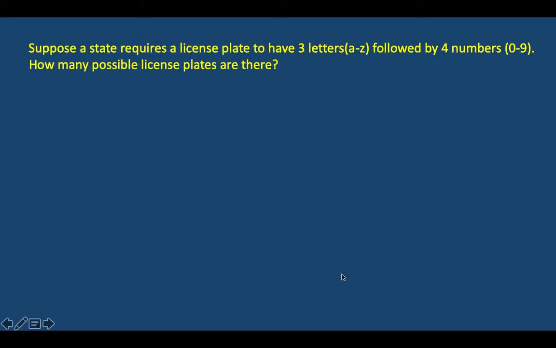Suppose the state requires a license plate to have 3 letters followed by 4 numbers. How many possible license plates are there? So again, we have 3 letters followed by 4 numbers. 1, 2, 3, 4. So we got our letters. We got our numbers.